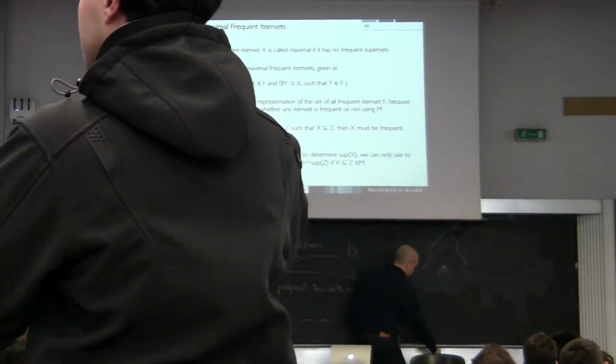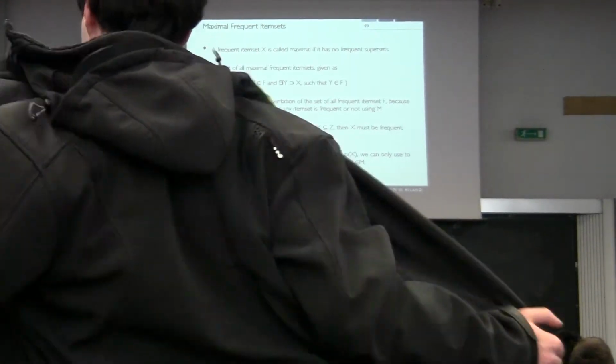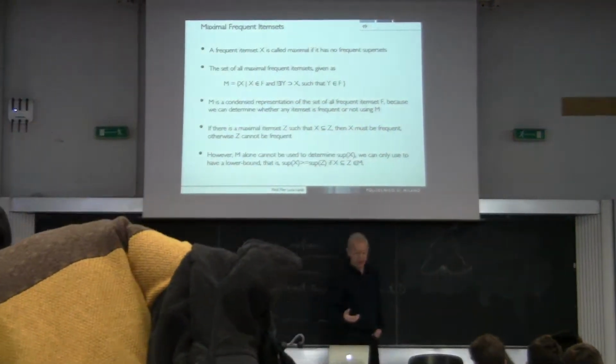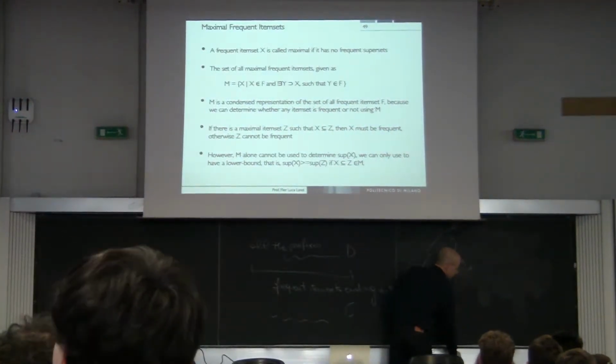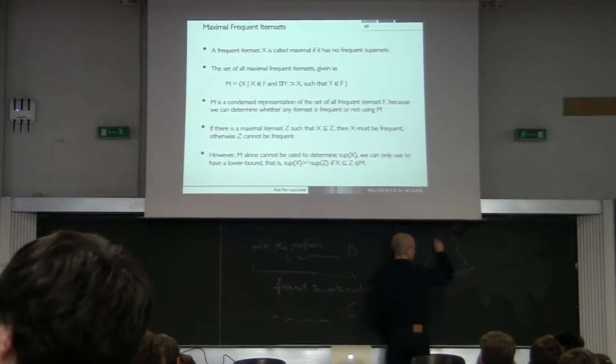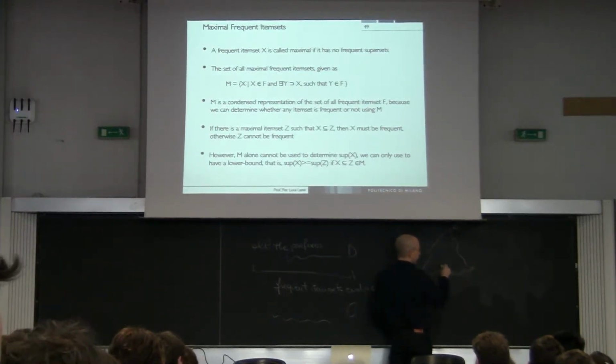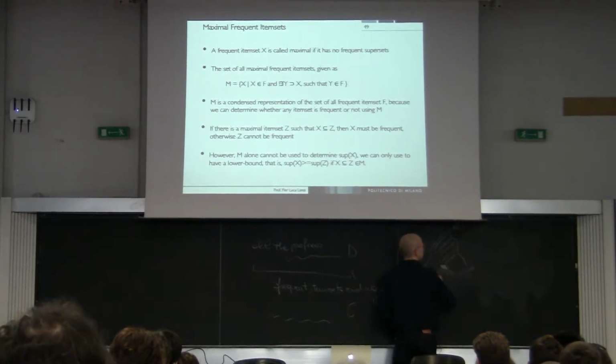So somehow it gives you the border of this. And the idea is very simple. Technically speaking, suppose I have this immense tree that is being developed. Everything contained here is still frequent.